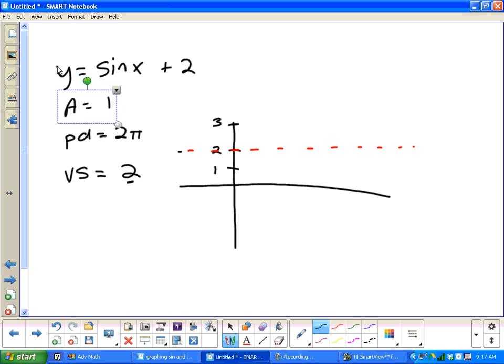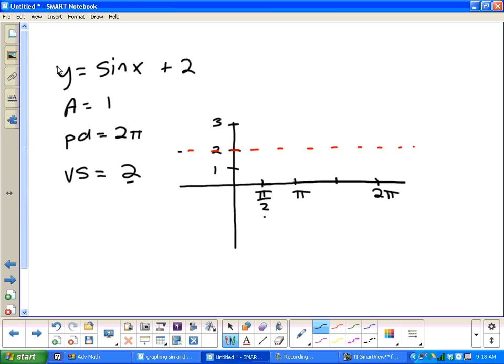Now, let's just do everything else like we've been doing. Period was 2 pi. 1, 2, 3, 4. Hang on, I've got to straighten that out, that's bothering me. Now it's going up, 1, 2, 3, 4. Period was 2 pi. Half that's pi, half that's pi over 2.